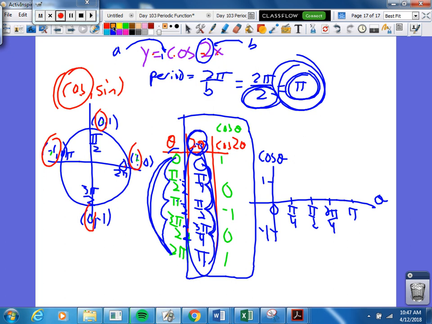Next, let's plot the points. So I got 1, 0, and 1, pi over 4 and 0, pi over 2 and -1, boom, 3 pi over 4 and 0, bam, and pi and 1, bam. So it's the same curve, it's just a little shorter this time. There you go. And obviously it keeps going forever, so you can put an arrow at the end, or just keep it going like that.